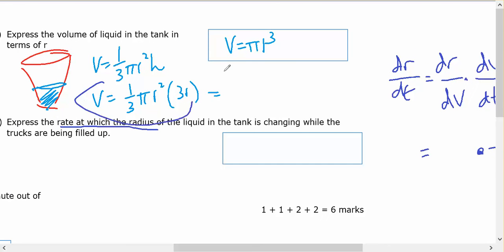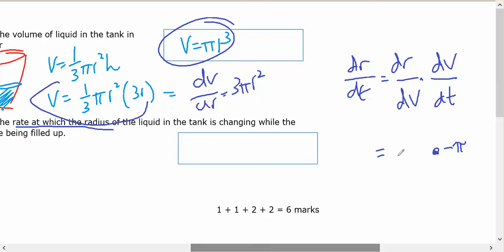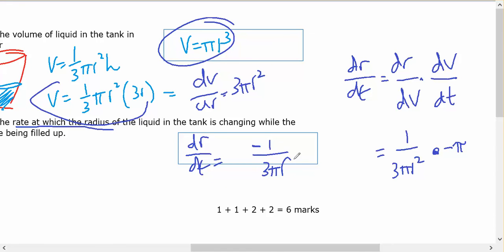And from this, dV/dr is 3 pi r squared. Therefore, dr/dV is 1 on 3 pi r squared. So that gives me dr/dt equals minus 1 on 3r squared.